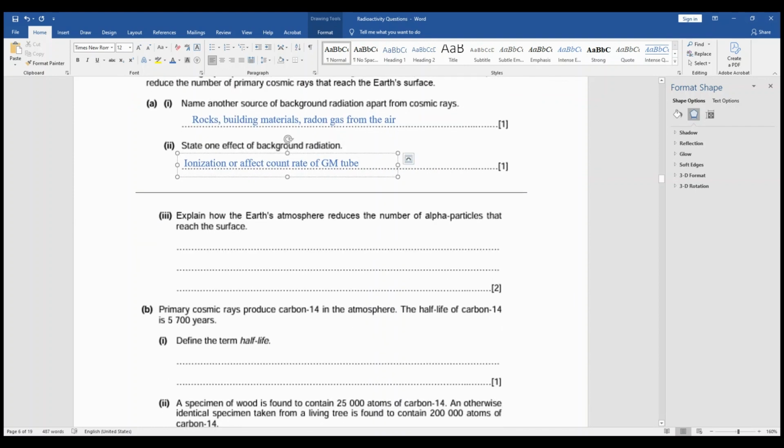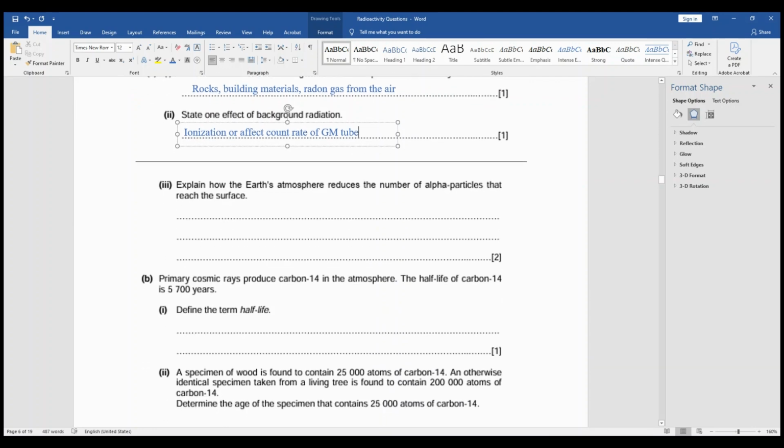Explain how the Earth's atmosphere reduces the number of alpha particles that reach the surface.